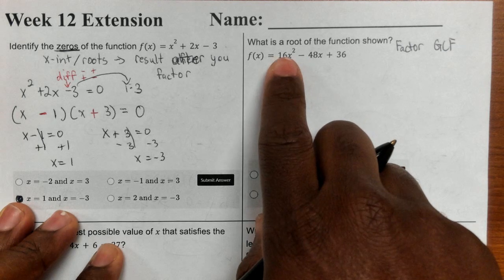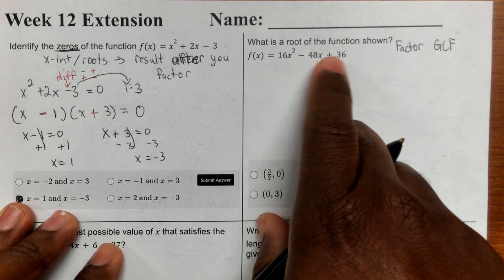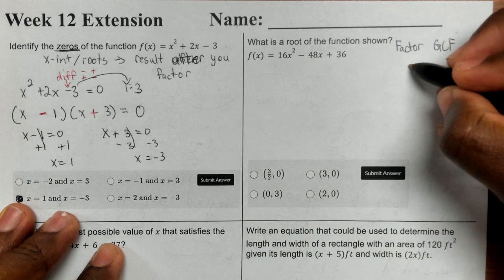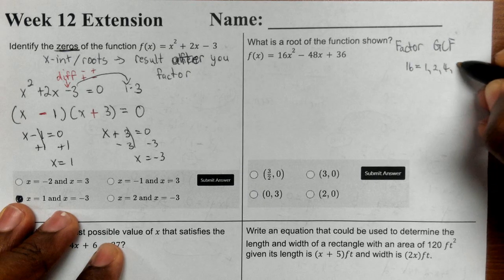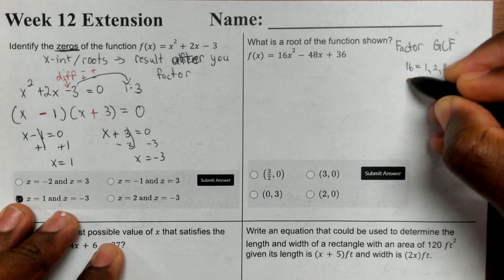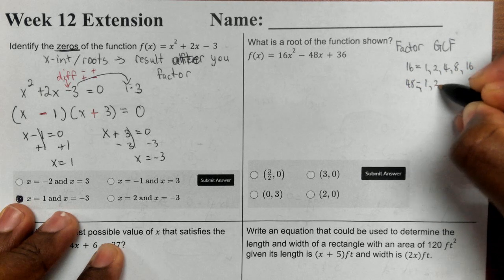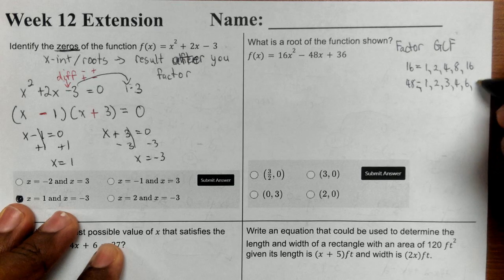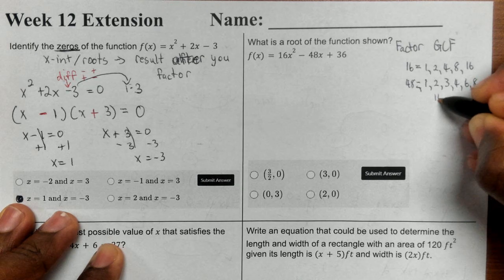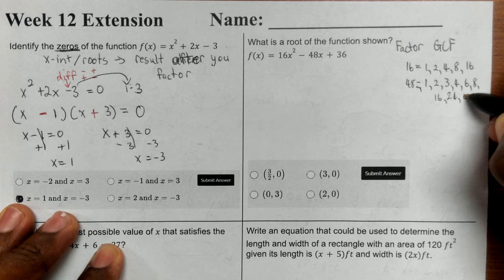When I look at this, I'm going to look for the largest number that I can divide 16, 48, and 36 by. I can divide 16 by 1, 2, 4, 8, and 16. I can divide 48 by 1, 2, 3, 4, 6, 8, 12, 16, 24, and 48.